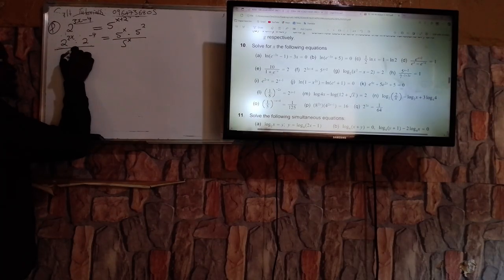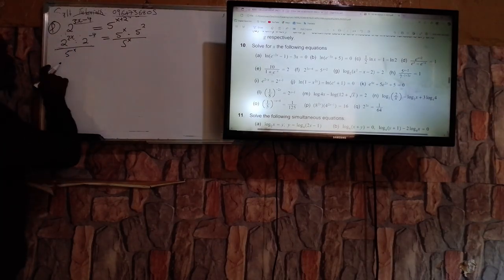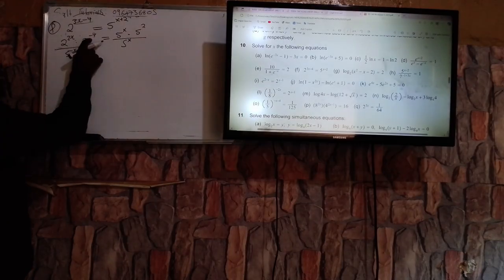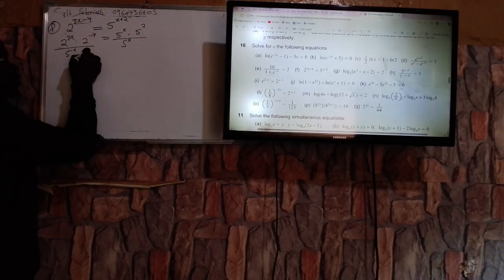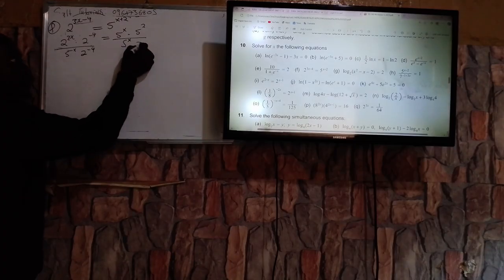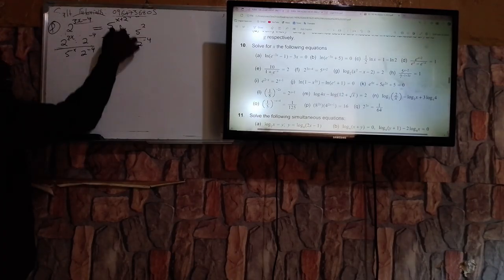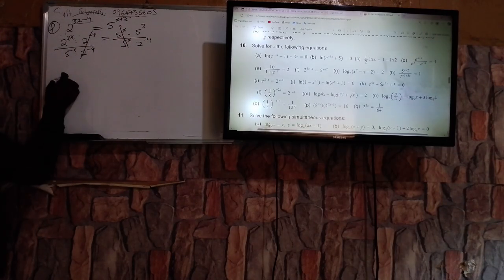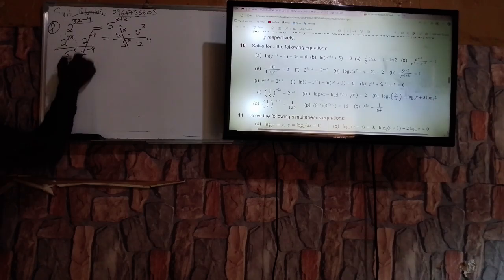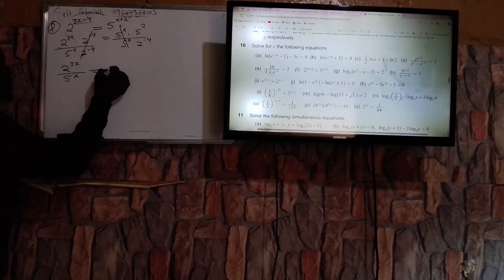For me to take this guy this side, I'll divide by 2 power negative 4, leaving this side 2 power negative 4. So that this guy goes and this guy goes. I'm now going to have 2 power 3x over 5 power x this side to be equal to 5 squared over 2 power negative 4.